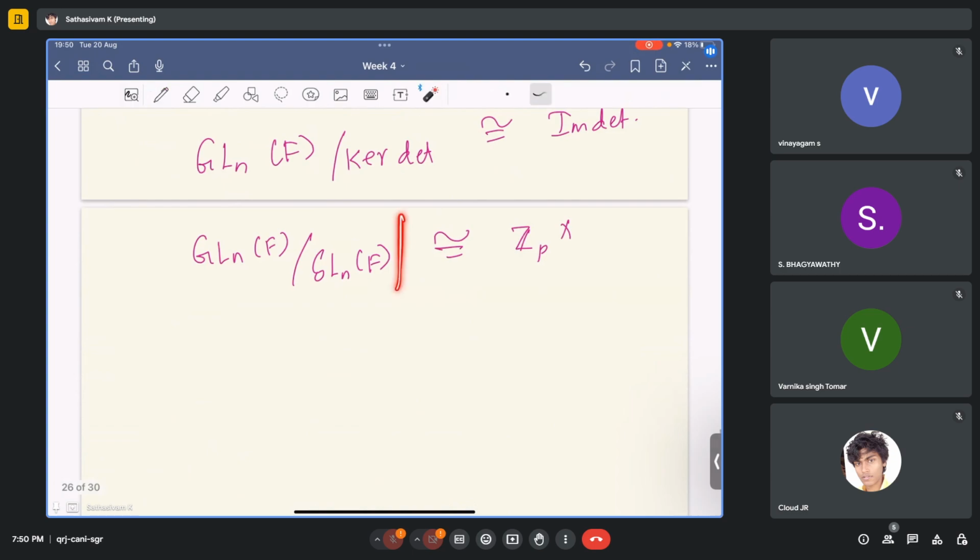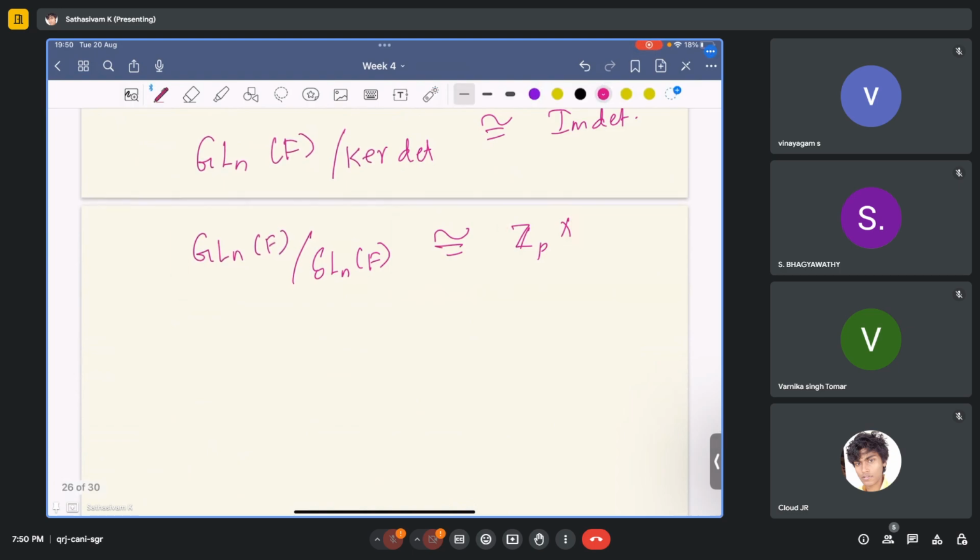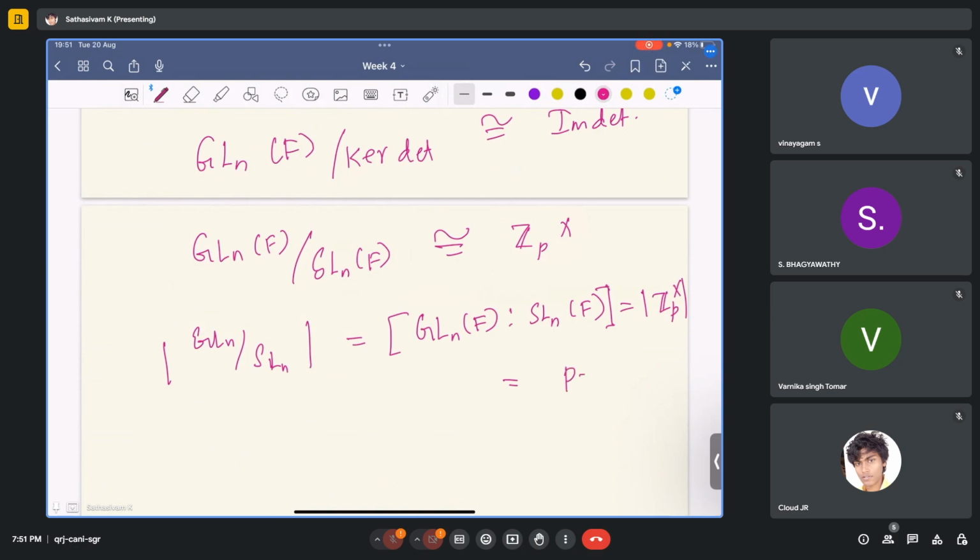Now you look at the order on both sides. The order of GL_n by SL_n is defined as the index, that is, the order of GL_n(F) divided by the order of SL_n(F). But the order of Z_p star is nothing but p minus 1.